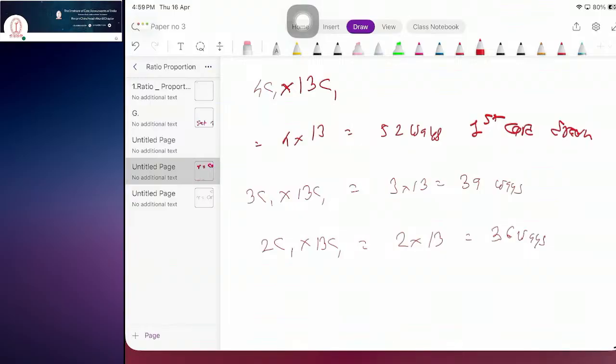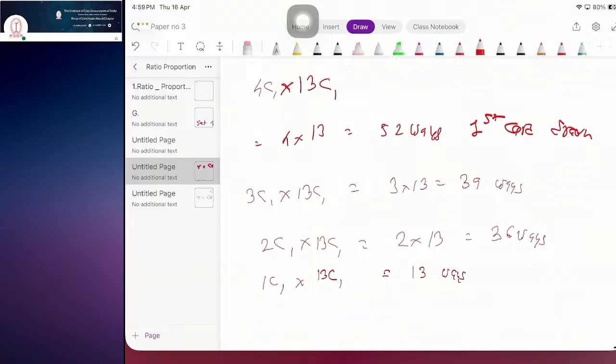And in case of the last remaining suit, 1C1 multiplied by 13C1, because there are 13 cards of that particular suit. So 1 multiplied by 13 is 13 ways.